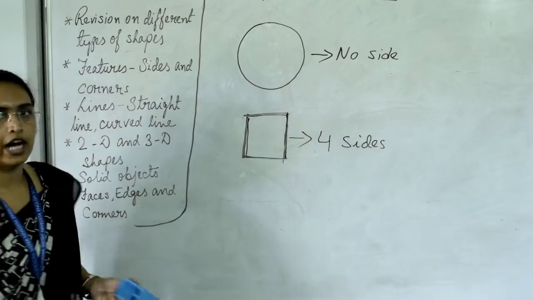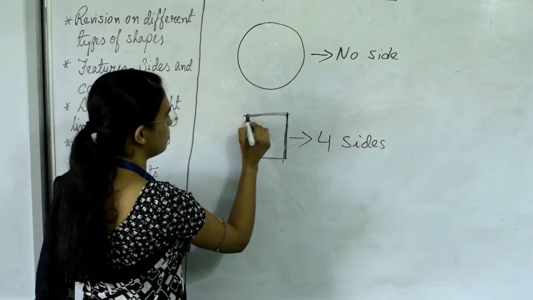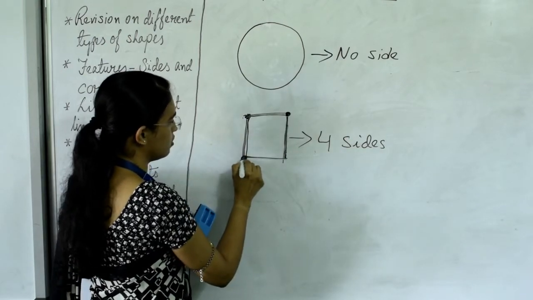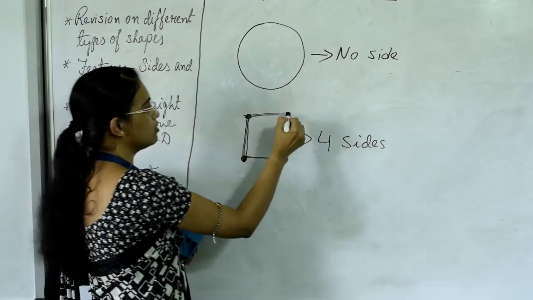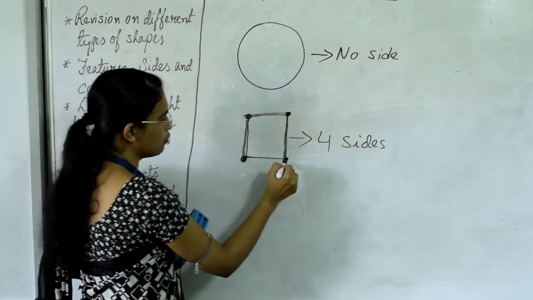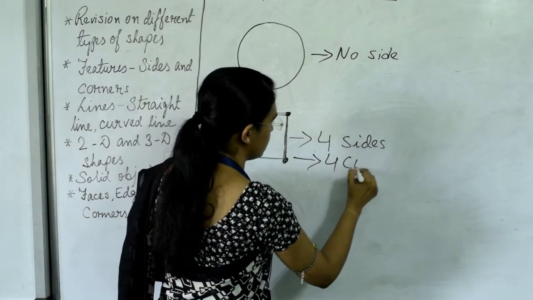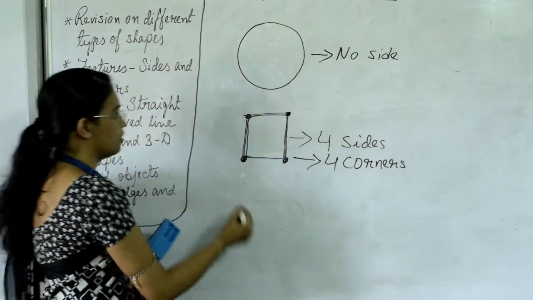Now corners. We have to find out the corners of this square. These are corners or vertex. How many corners? 1, 2, 3, 4. There are 4 corners in a square.